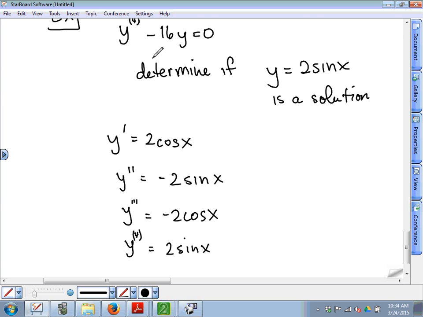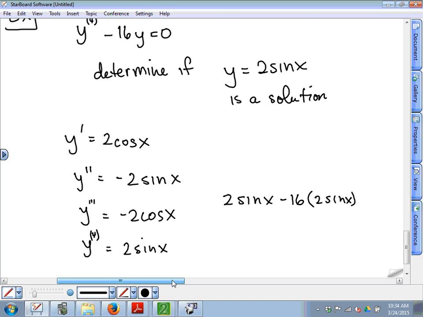So if y quadruple prime is 2 sine x, and we subtract 16 of what y is, 2 sine x, does this equal or not equal 0? It's not a solution.